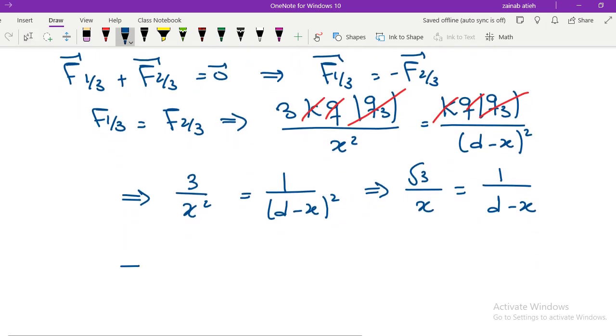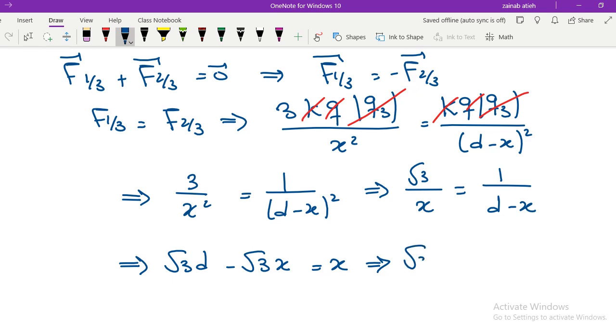Let's cross multiply. This implies radical 3d minus radical 3x equals x. I will arrange x to one side, so I will get radical 3d equals x times (1 plus radical 3).